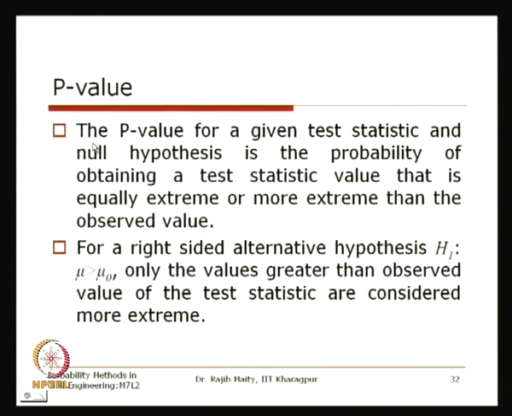p value. The p value for a given test statistic and the null hypothesis is the probability of obtaining a test statistic value that is equally extreme or more extreme than the observed value. For a right-sided alternative hypothesis, H1: mu greater than some threshold value mu naught, only the values greater than the observed value of the test statistic are considered more extreme.